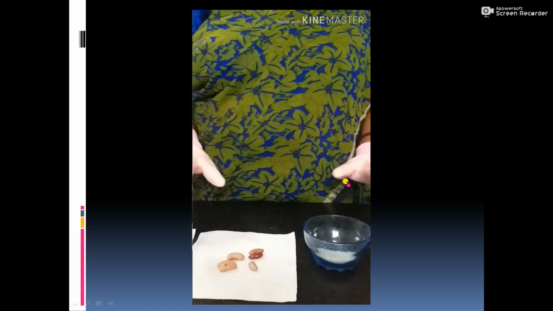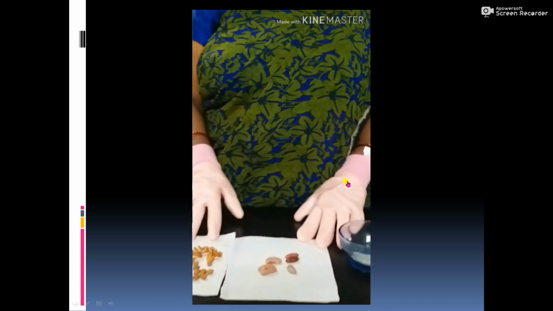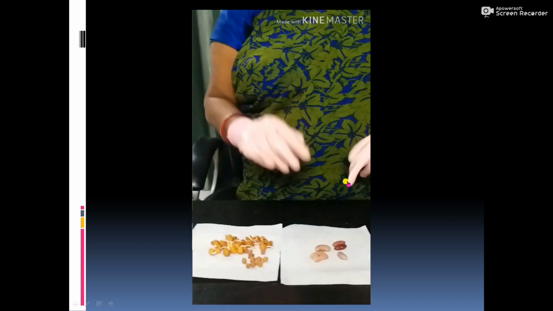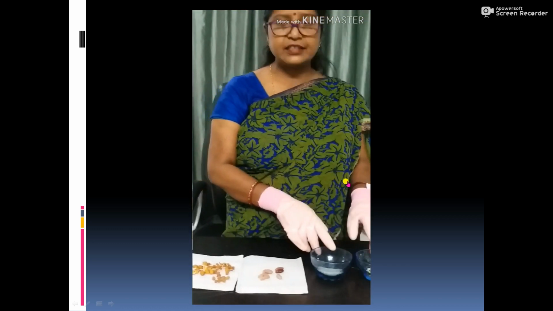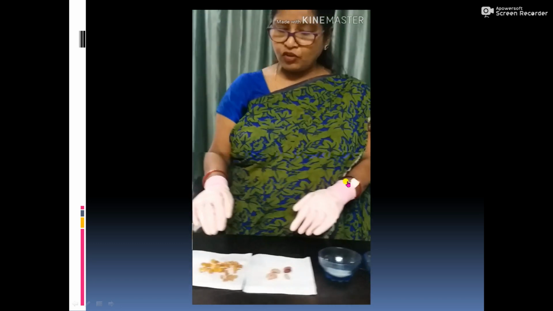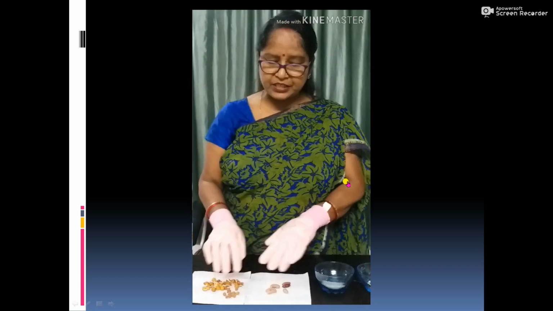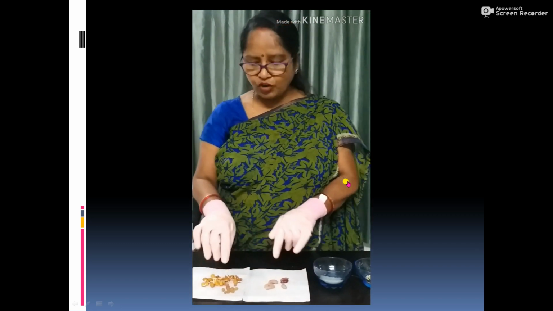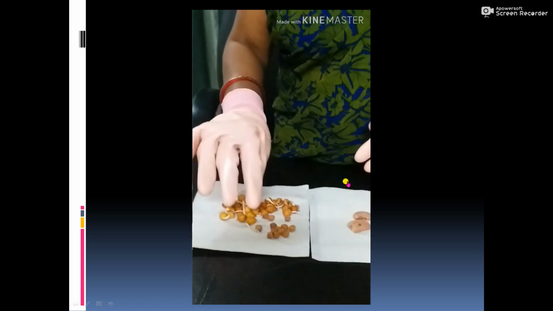Children, you see that in our surroundings, the seeds are mainly of two types. One contains dicots and another contains monocots. So you have to differentiate. How can we say the gram seed and bean seeds have two cotyledons? You see here. See that these are the germinated seed.